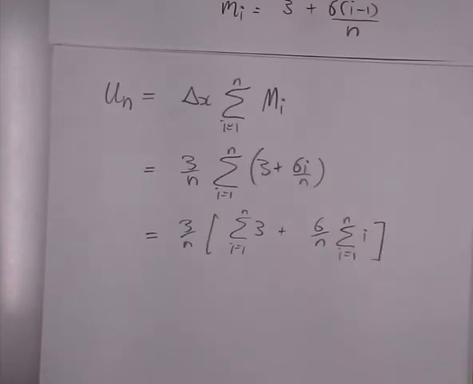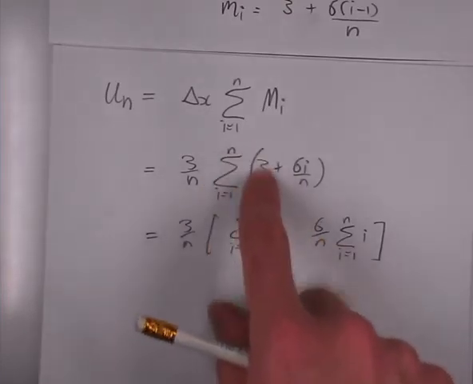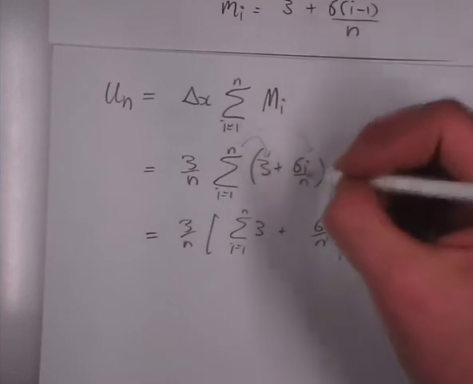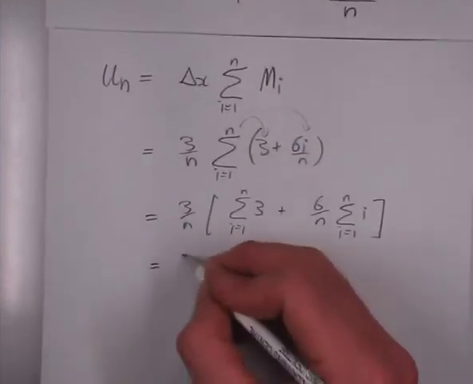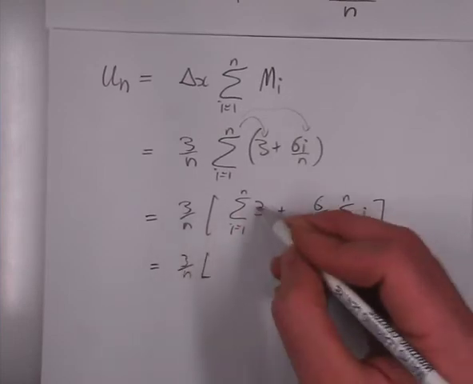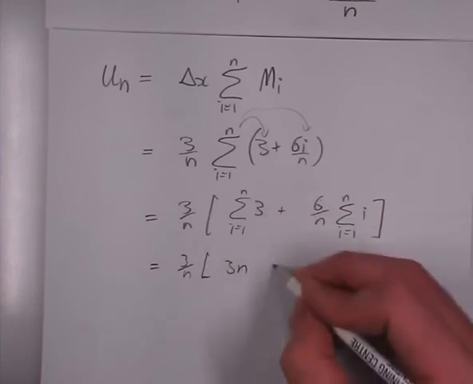Okay? So I did two things there. I brought it in and did it by the 3, but then the 6 on n came out of the sum. So that's n lots of 3, 3n.